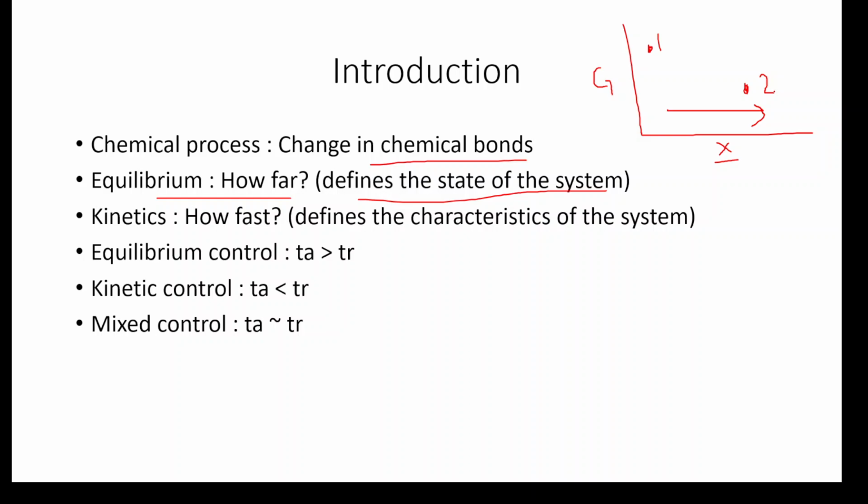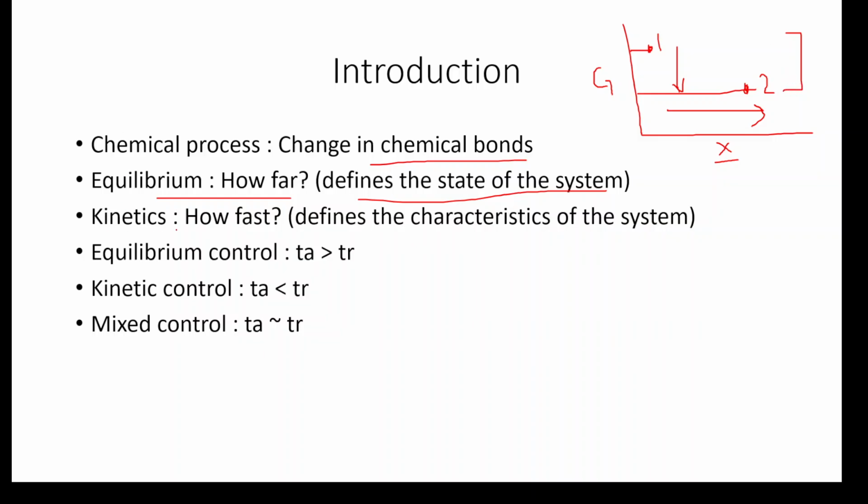Here we can see there is a change in energy also. The energy has reduced going from point 1 to point 2. So this is what we call equilibrium. There will be some point in between these two points where the system might have reached equilibrium.